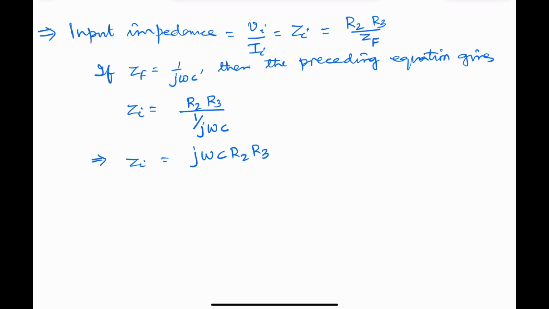We can also write it as ZI is j omega R2 R3 into C. I call it equation 3.